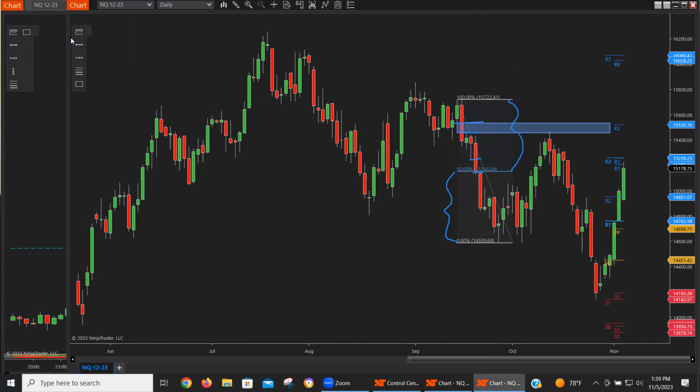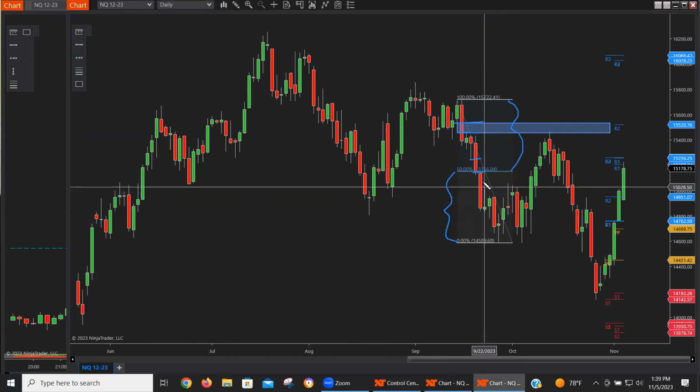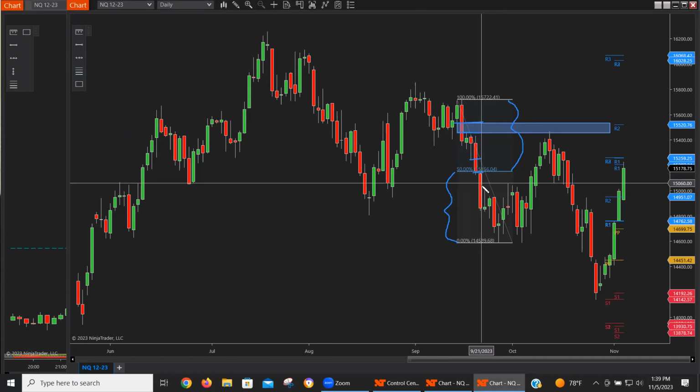So just so you can see that, you see this in the premium area of this range is an imbalance, right? So it could come here.